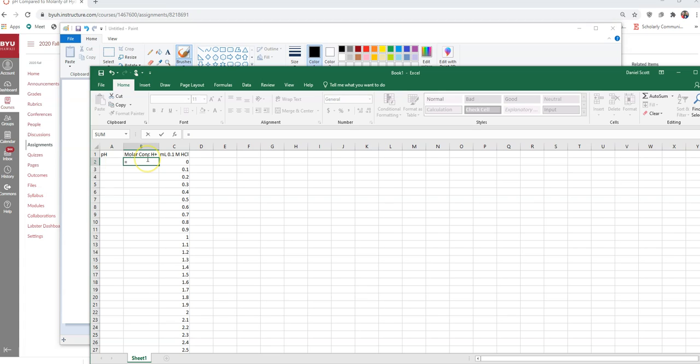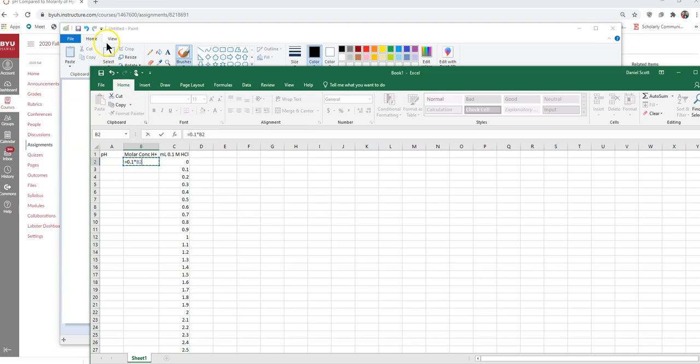Ultimately, like we said, for this first part, it's the concentration of hydroxide ion. So we said we had 0.1 molar hydroxide ion, and we said we had, was it 0.1?